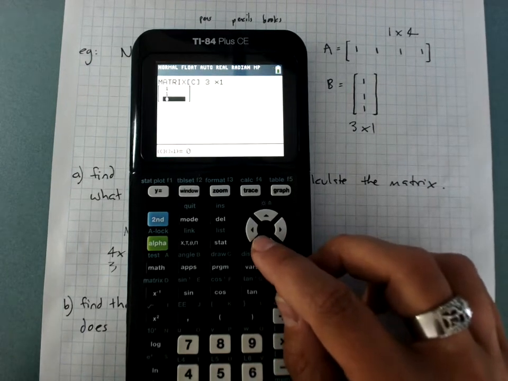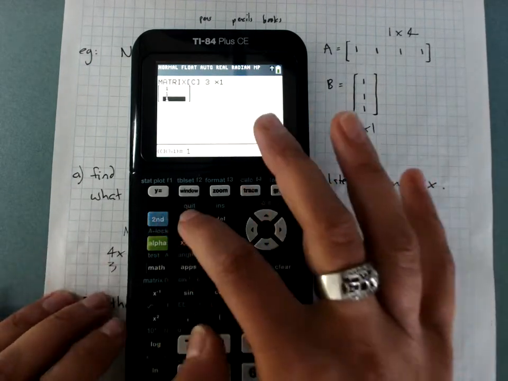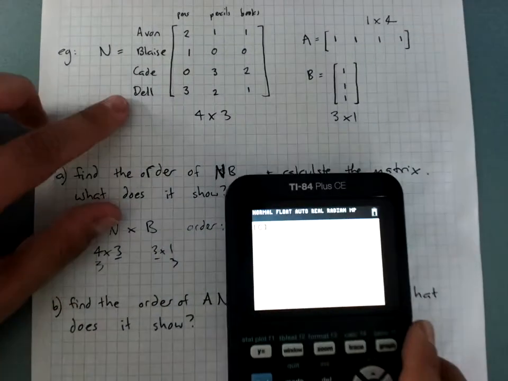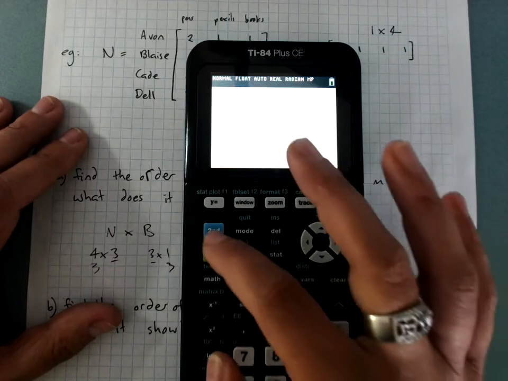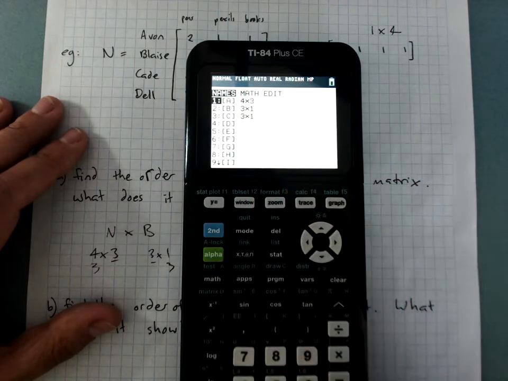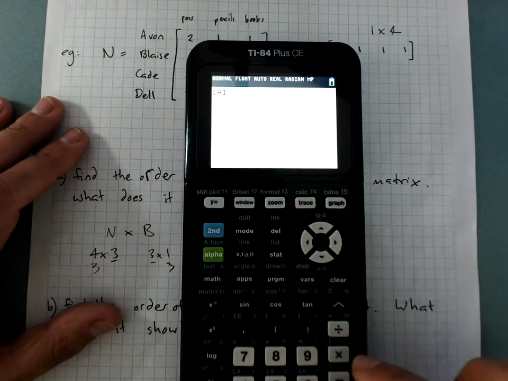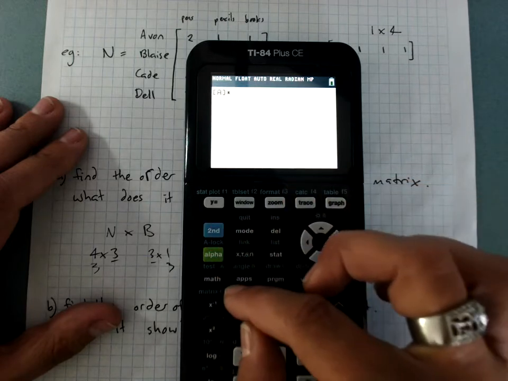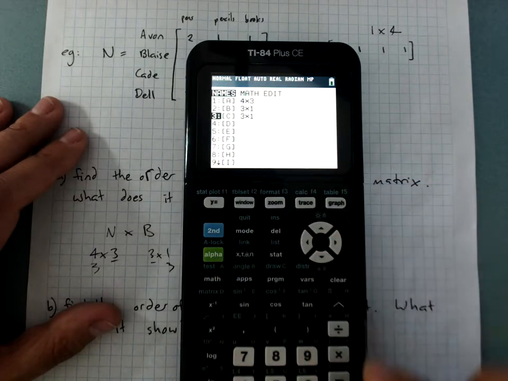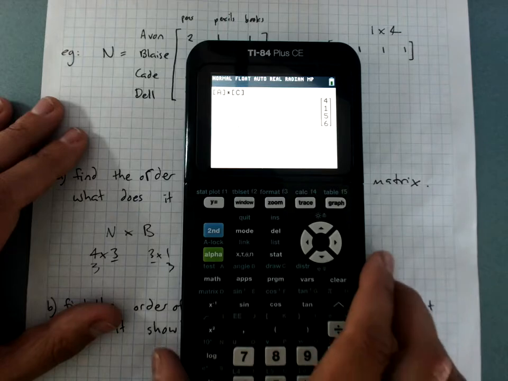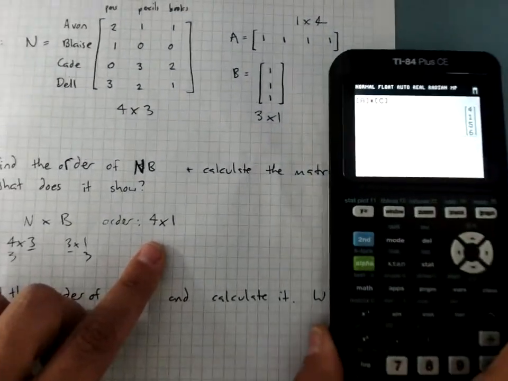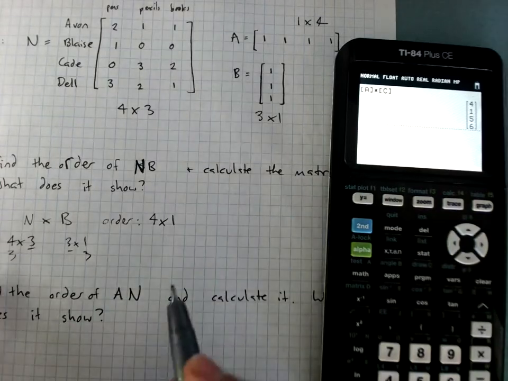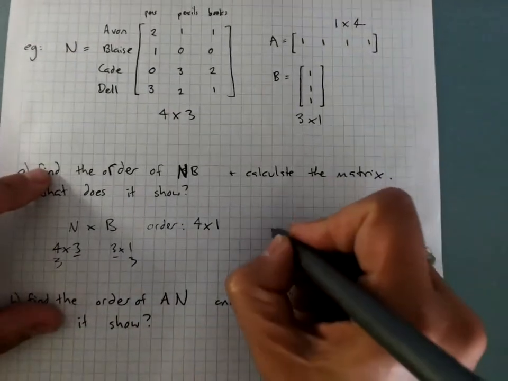It's just ones. Hop out and do my matrix times that one. Select matrix A times, you've got to stay on top of what you called them, which I know can get a bit confusing. I get a 4x1 matrix.